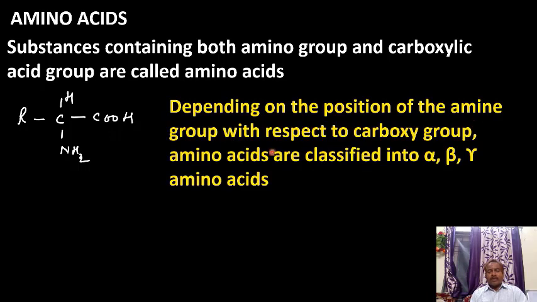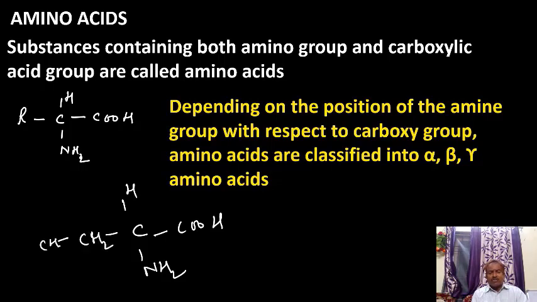Depending on the position of the amine group with respect to the carboxy group, amino acids are classified into alpha, beta and gamma amino acids. So here this is C, NH2, COOH, and of course this is CH2, this is CH2, this is CH2, CH3.